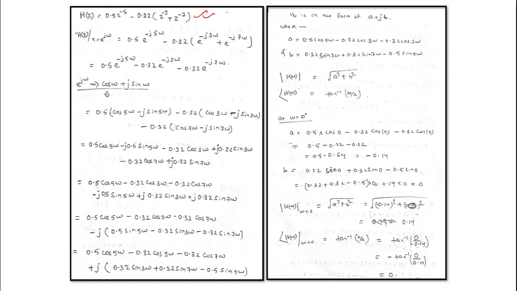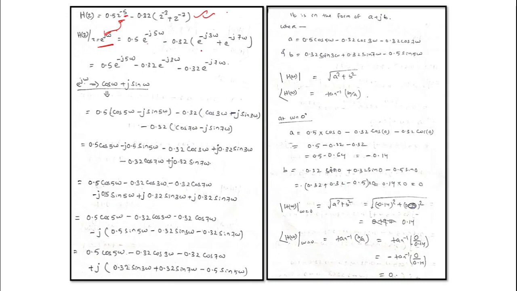Now when we are talking about the amplitude and the phase response of a filter, we are interested at the point e to the power j omega. So this z will be replaced with e to the power j omega. So 0.5 e to the power minus j 5 omega, because 5 is already there.